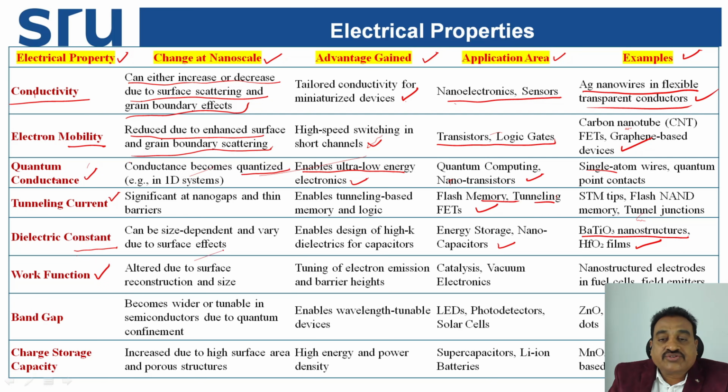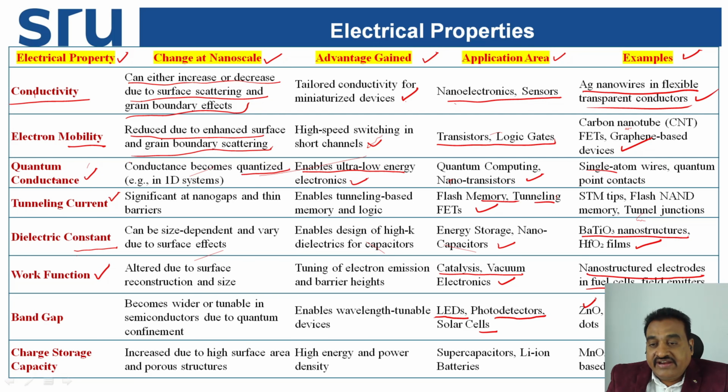Work function also, you try to understand: application in catalysis and vacuum electronics. Example: nanostructured electrodes in fuel cells. Band gap also: due to this band gap, these are used in LEDs, photodetectors, solar cells.